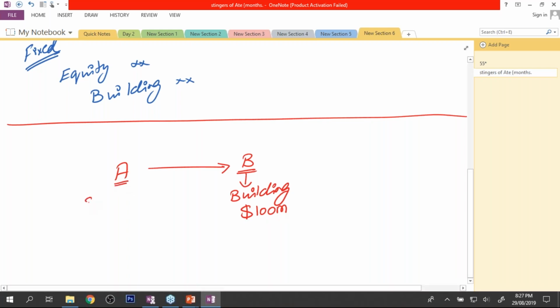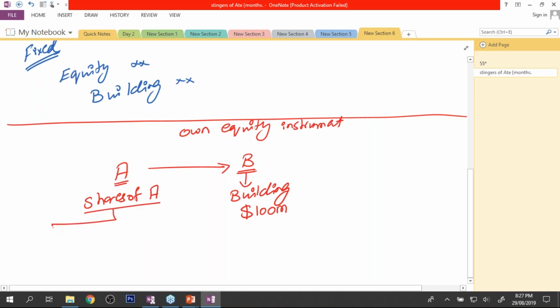Instead, I am going to give you my own shares of A. This means it is a contract which is going to be settled in A's own equity instrument. Now B says, okay, how many shares will you give?